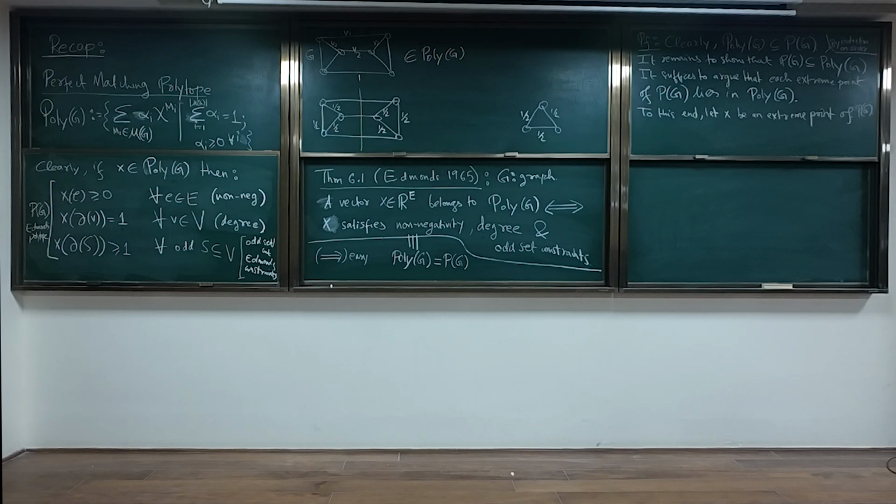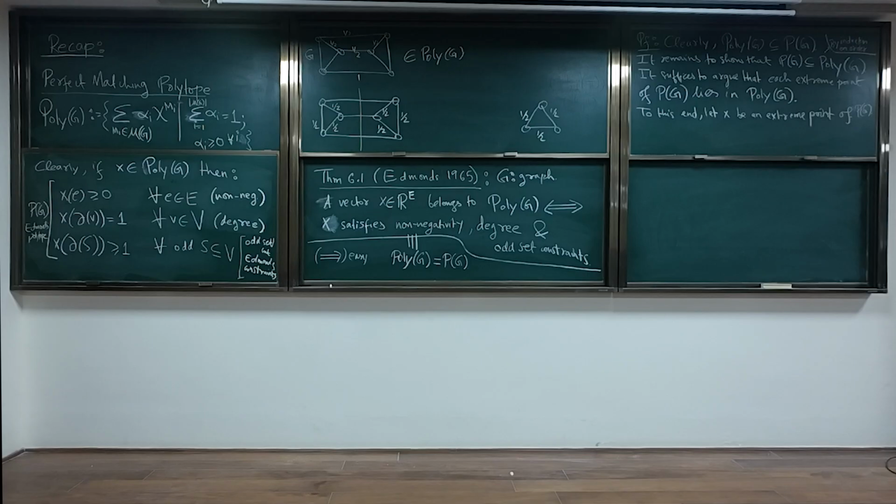Otherwise, how will we use the induction hypothesis? We need a natural way to get a vector for the smaller graph. Then we have to argue that that vector satisfies Edmonds constraints for the smaller graph, and therefore it belongs to the perfect matching polytope of the smaller graph. Okay?